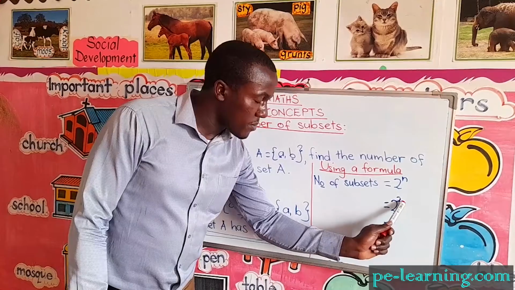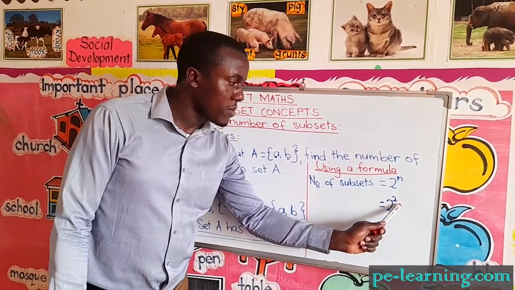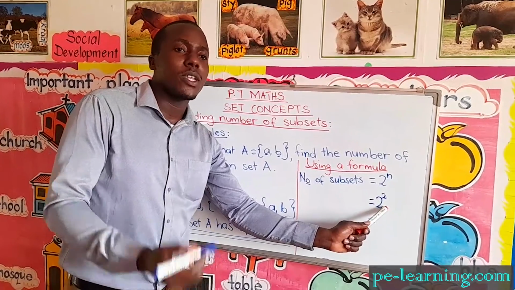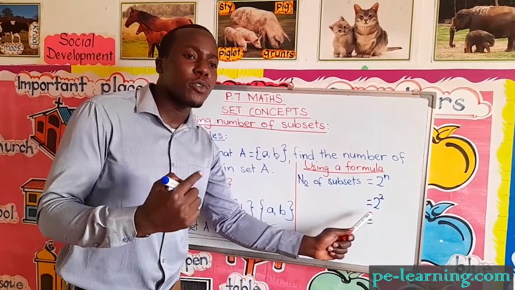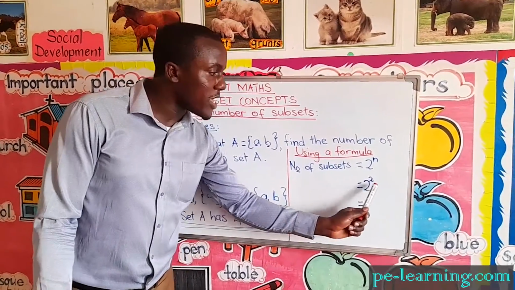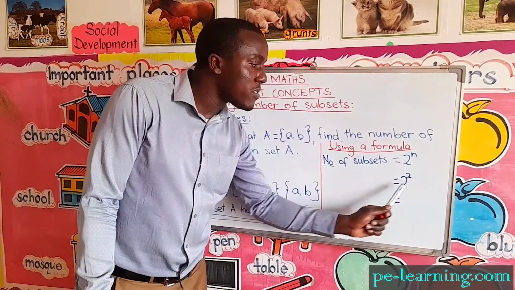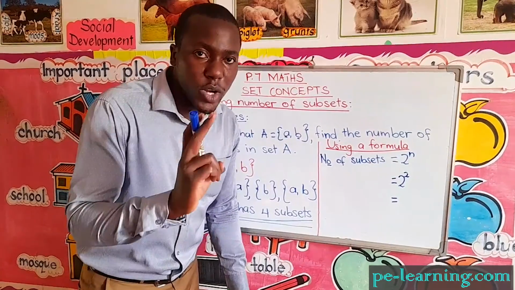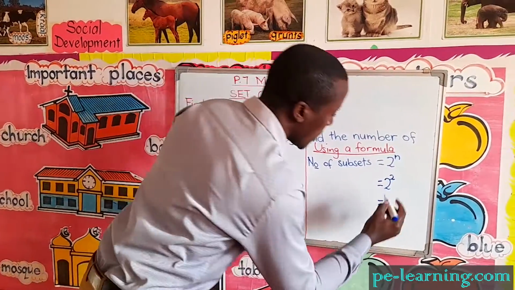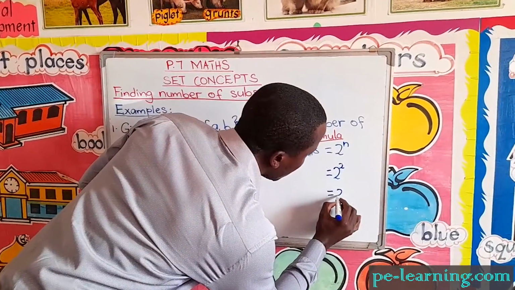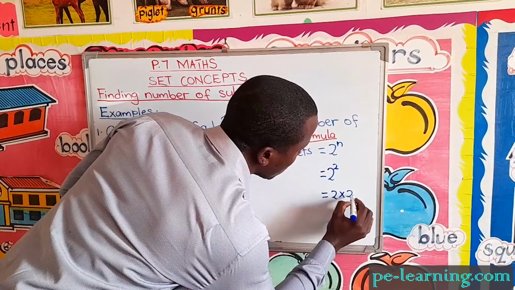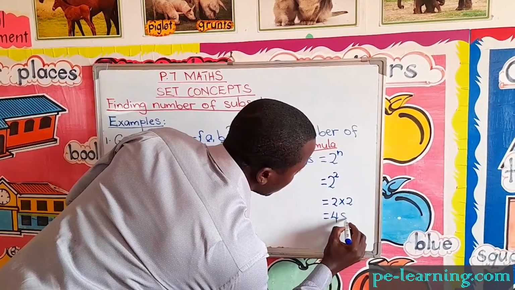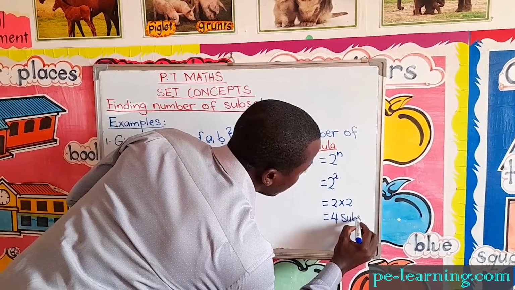The index up here just shows the number of times the base has been multiplied. So if the index is 2, it means this base 2 has been multiplied twice. So here we shall multiply 2 times 2, and this gives us 4 subsets.